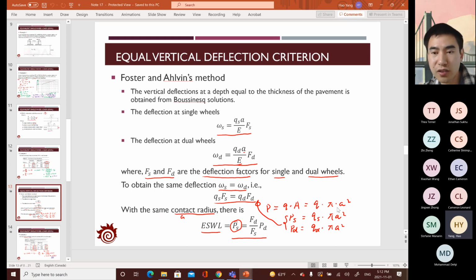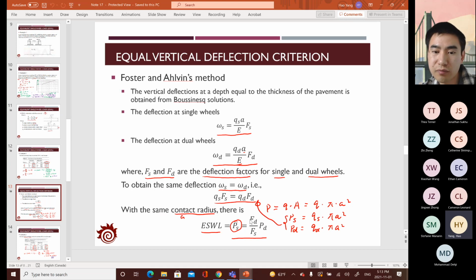With radius A, the area is pi times A squared. So P equals Q times pi times A squared, and this applies to both single wheel and dual wheel: PS equals QS times pi times A squared, and PD equals QD times pi times A squared.